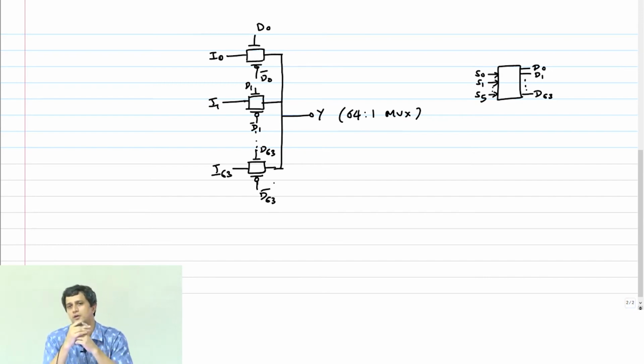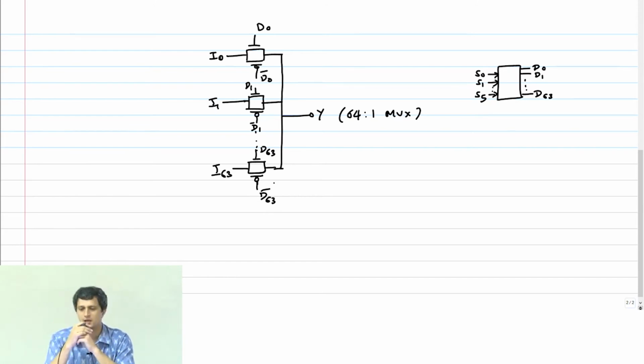Okay. The only problem with this style of circuit is, if I ask you what is the drive strength of this multiplexer, what is the answer? What's the drive strength? If I have a unit inverter, then I say the drive strength is 1x, right? If I have a unit NAND gate, the drive strength is 1 again.